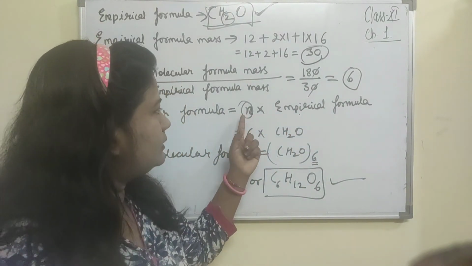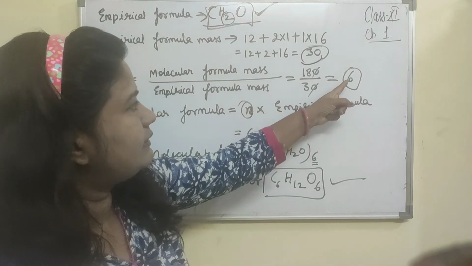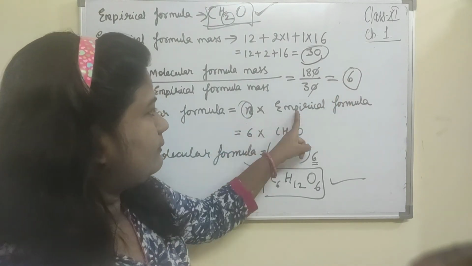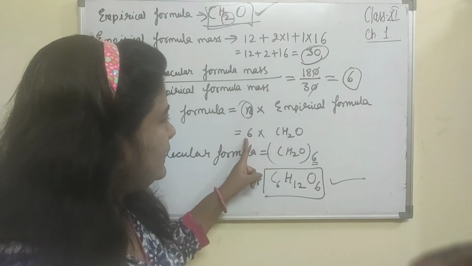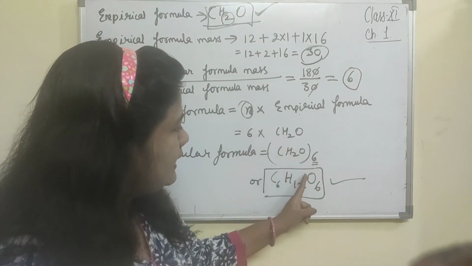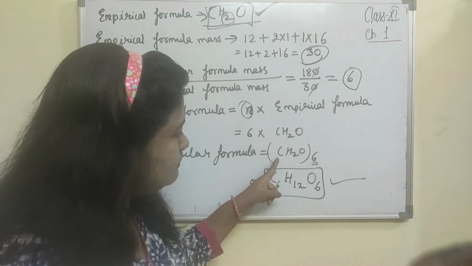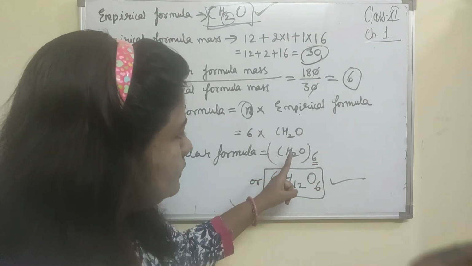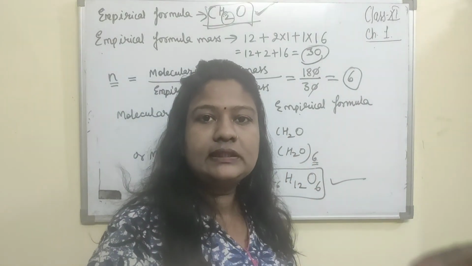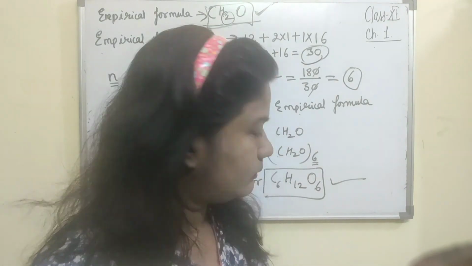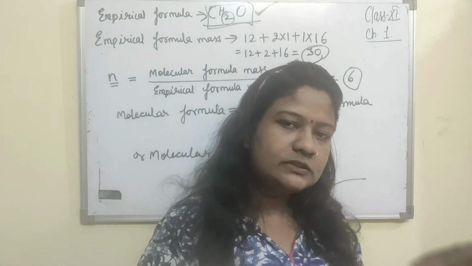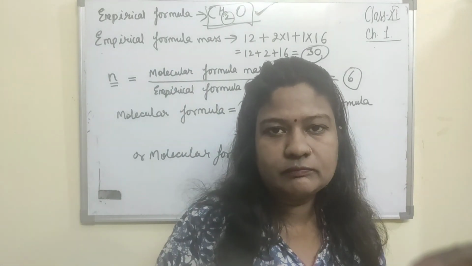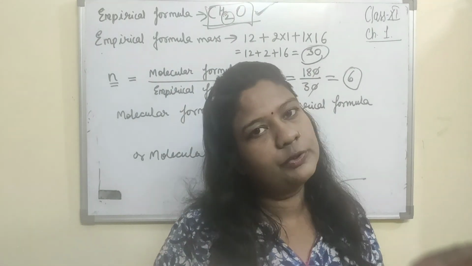You have already obtained N as 6, and the empirical formula CH2O; write 6 at the base of the bracket, and multiply 6 by each atom of the elements present in one molecule of the compound, and then we will get the molecular formula. Okay, in this way you have calculated both the empirical formula and the molecular formula.